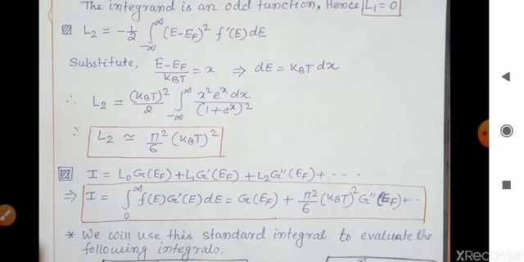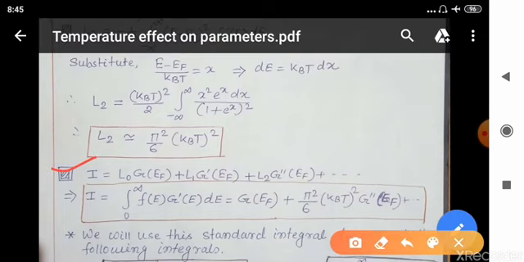Now our standard integral becomes, I equal to L0 G(EF) plus L1 G prime (EF) plus L2 G double prime (EF), where I equals the integral from 0 to infinity of f(E) G prime E dE.